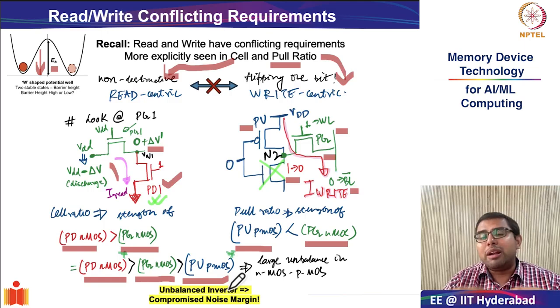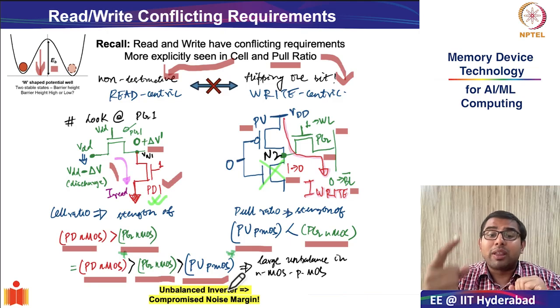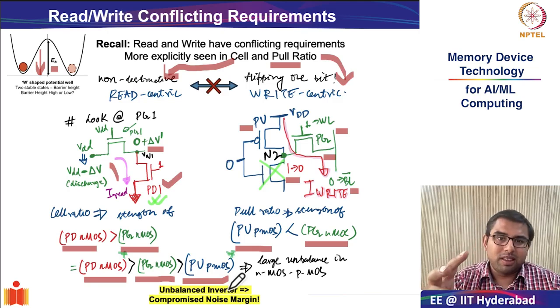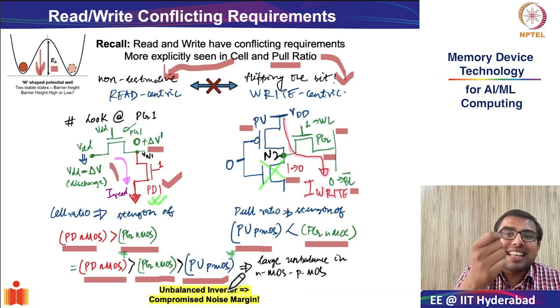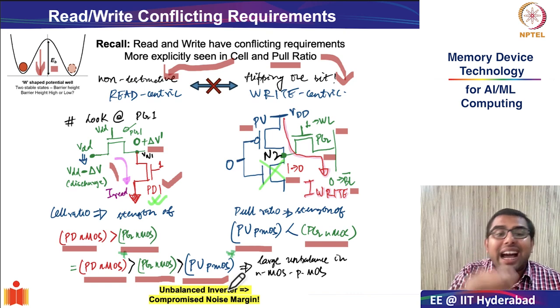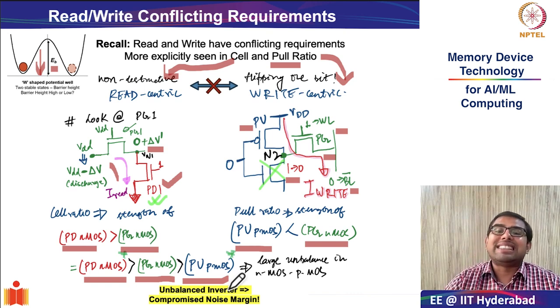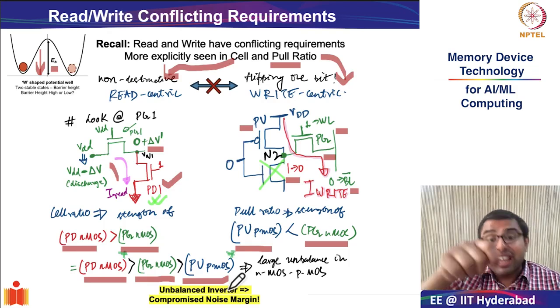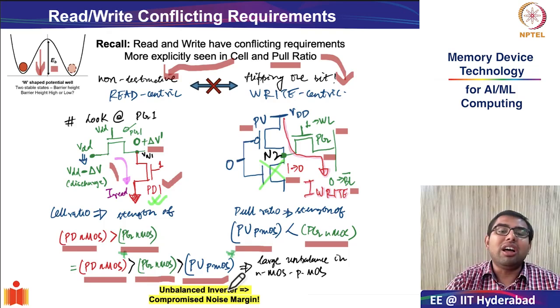It becomes more like a chicken and egg problem, because remember, in the previous slide we saw that in order to have good noise margins, you need to ensure high cell ratio, but the moment you start having higher cell ratio, you start seeing disbalance in the inverter, which in turn compromises the noise margin.